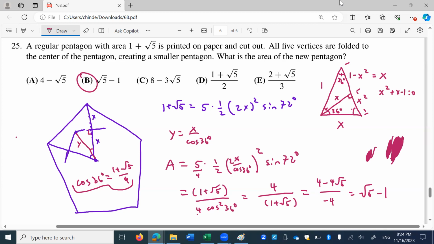So it's a golden ratio type of quadratic. So x should be minus 1 plus root 5 over 2. And now you can use law of cosines to write down an equation for cosine 36, and you can calculate this value. So it's a little more work if you don't know that ahead of time.